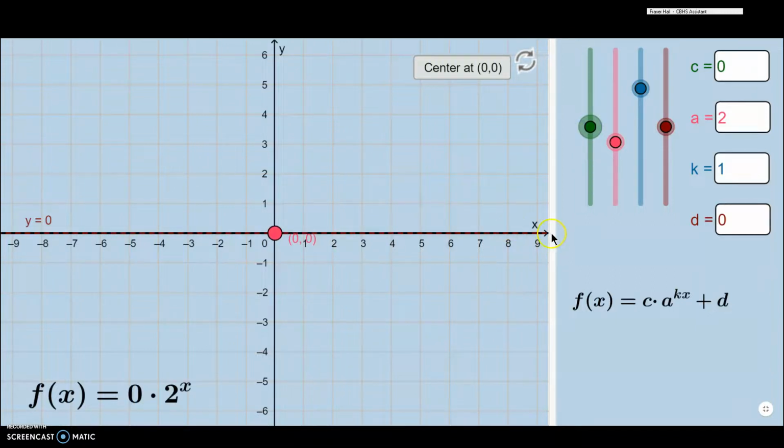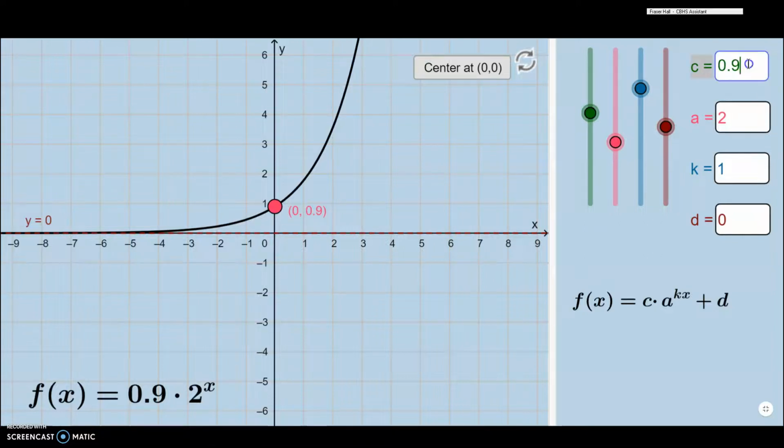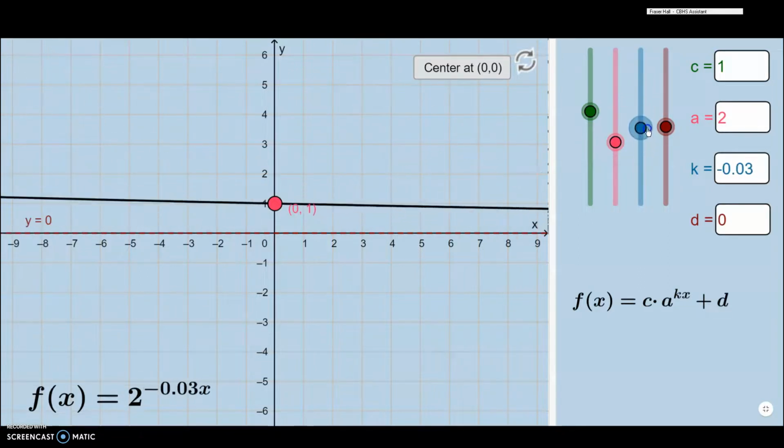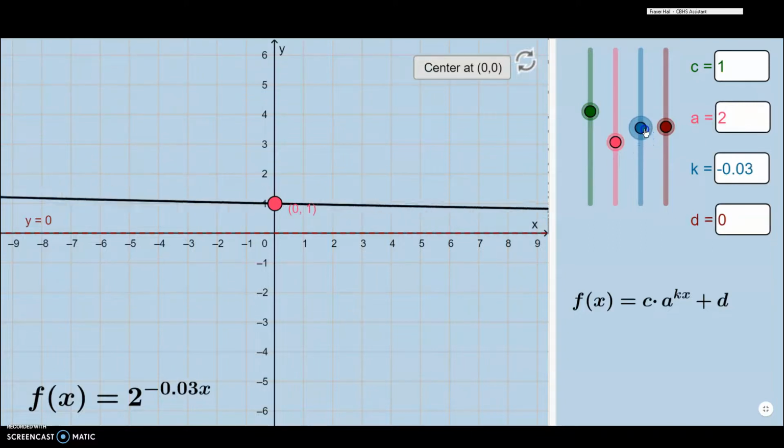Then if we change, oh, and actually I can't have that 0, otherwise it's a flat line. So I'll keep it as 1. And then obviously if K changes, that can have an effect as well. Again, changing the steepness, and then if that becomes negative, it goes the other way.